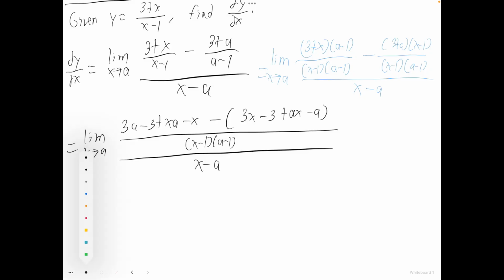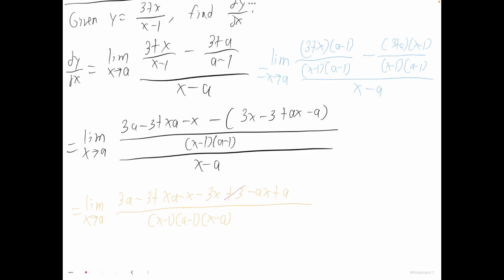So we want to simplify things out. And so we have here the limit as x goes to a of 3a minus 3 plus xa minus x minus 3x plus 3 minus ax plus a, divided by (x minus 1) times (a minus 1) times (x minus a). So remember this whole multiplying by the reciprocal trick that we've used before. Now we want to see what things cancel.